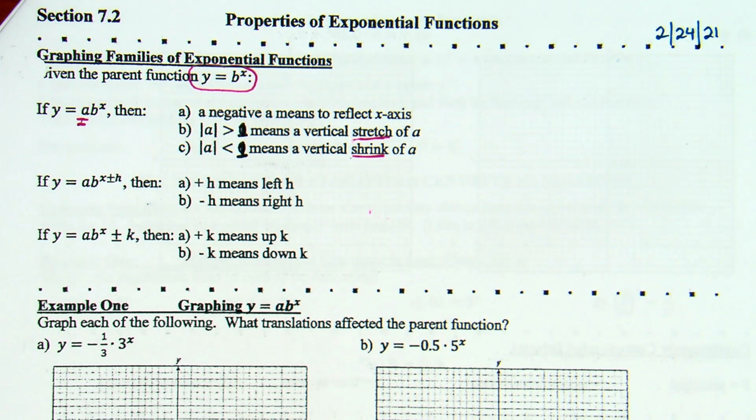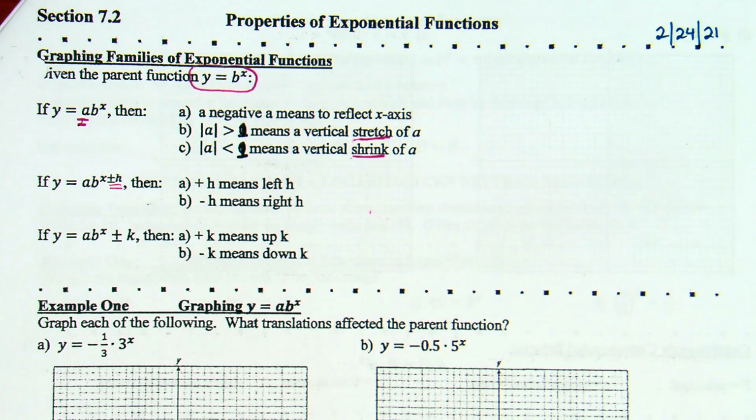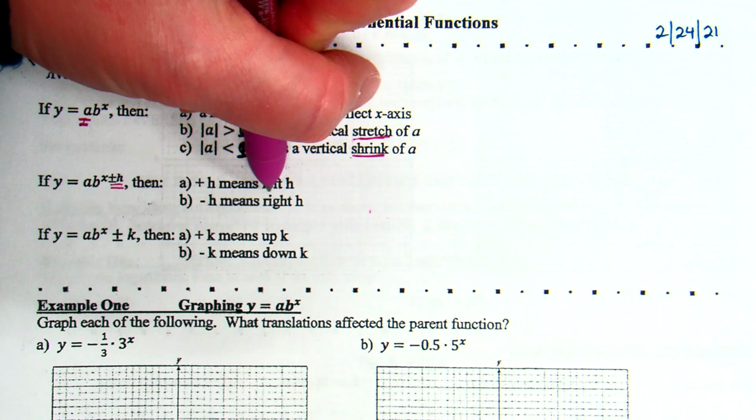This is equivalent to if the number is under the radical, or in the absolute value. I'm trying to think what are the different ones we've done. If it's in the exponent up there, it's left or right, and it's still opposite the sign. If it's plus h, we're going to go left. If it's minus h, we're going to go right.